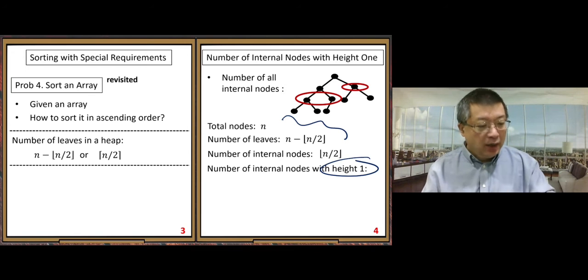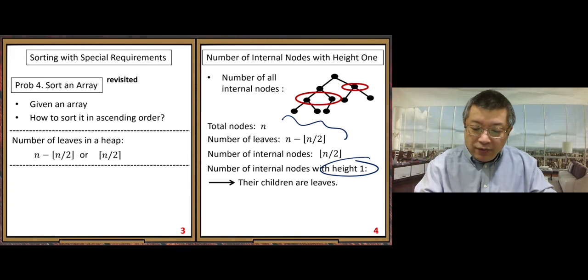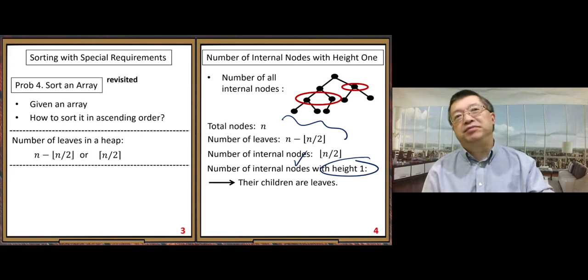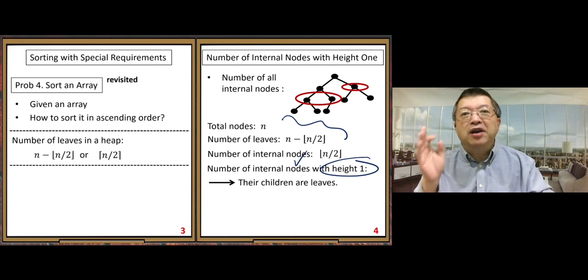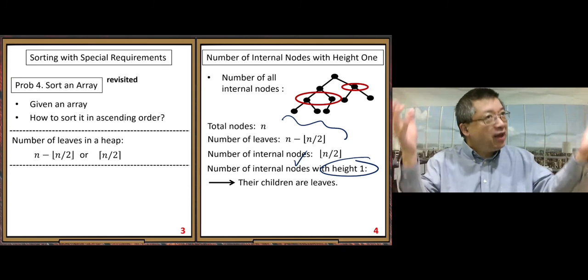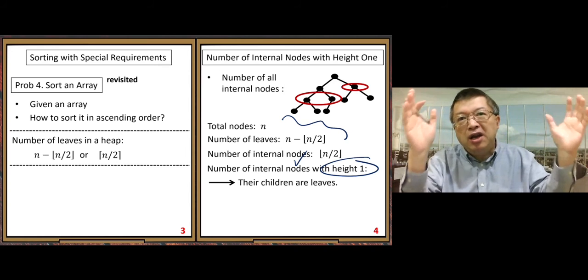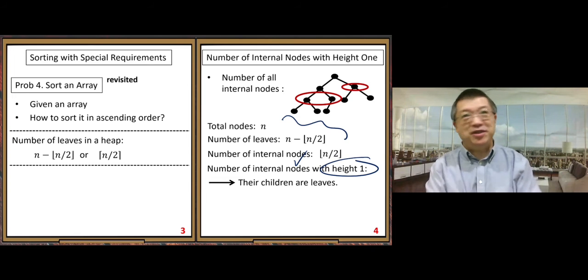All right, so let's look at how we describe those internal nodes. Here, their children are leaves. First, they have children, right? They have children, but their children are leaves. How simple is that?